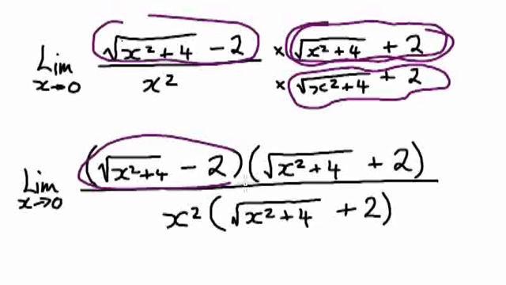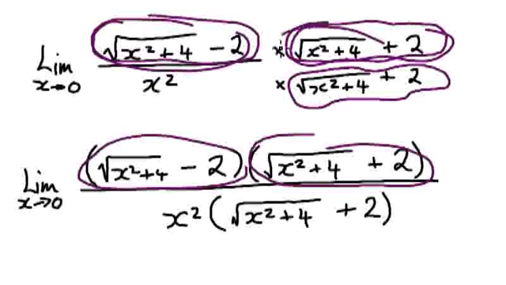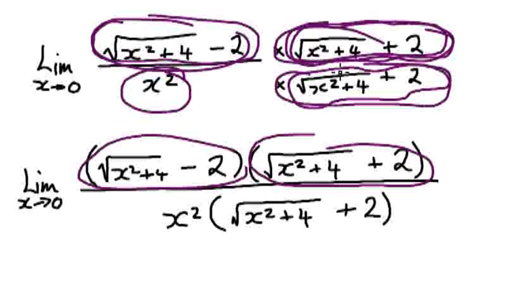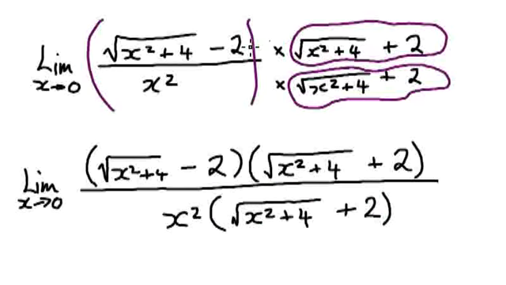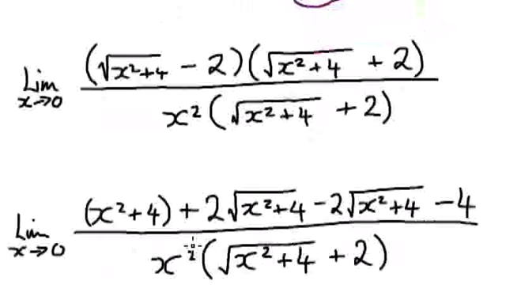And then the bottom times with the bottom here. That's why you got x squared here. Okay, so basically we've got this times this, and then this times this. That will then give us this. Okay, hang on.